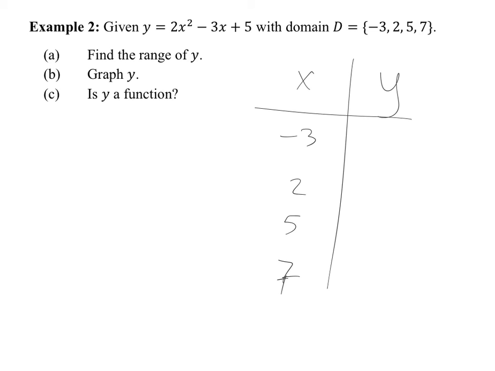So now when I press second and go to my table, I can ask the 4 values that I needed. I needed values of -3, -3, enter, 2, enter, 5, enter, 7, enter. Check your answers. You should have gotten 32, 7, 40, and 82.